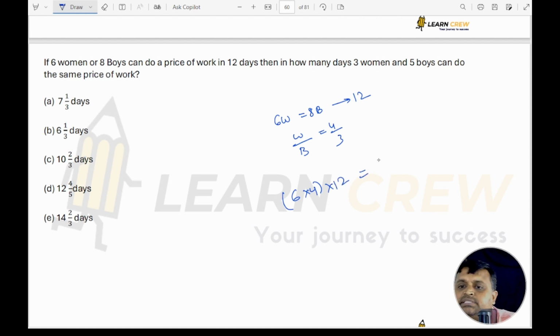Now the question is 3 women, 3 into 4, and 5 boys, 5 into 3, can complete the work in how much time? Total work is 6 into 4, 24, into 12, divided by 12 plus 15, which is 27.